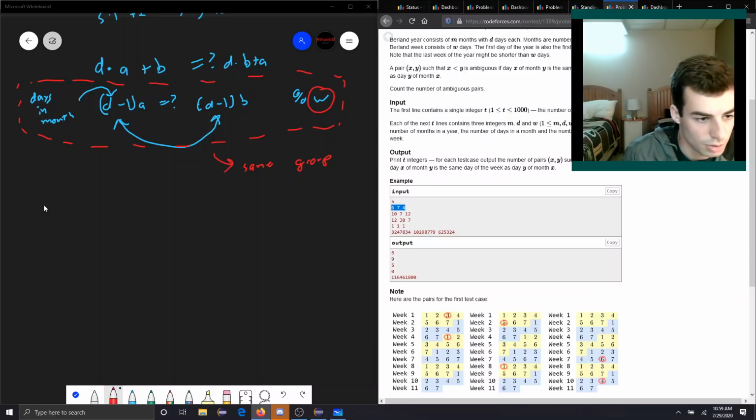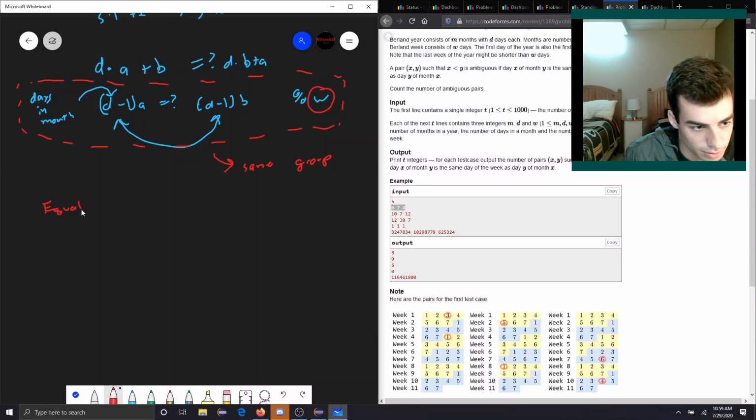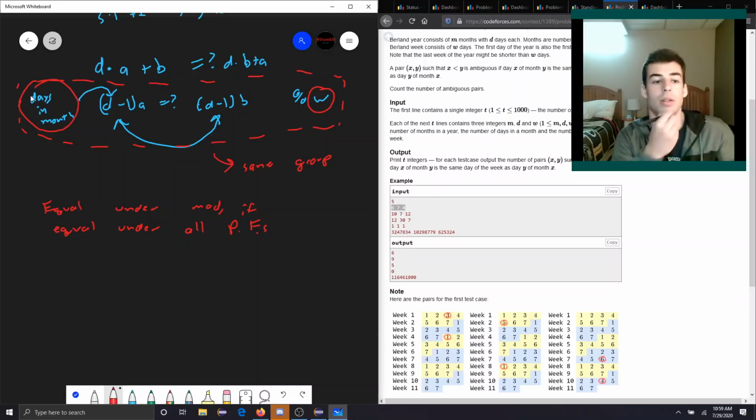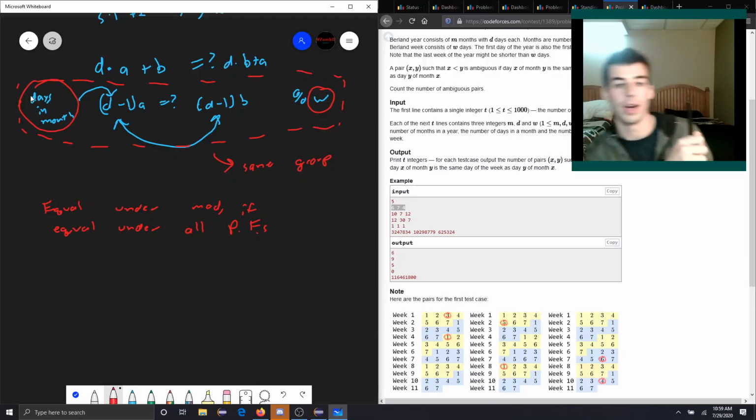Yeah, okay. So you're equal under mod if you're equal under all prime factors. That's the only time you're equal. You're only equal under all prime factors if either you're the same or all the prime factors you're different from are divided out by this. That's why this is important.